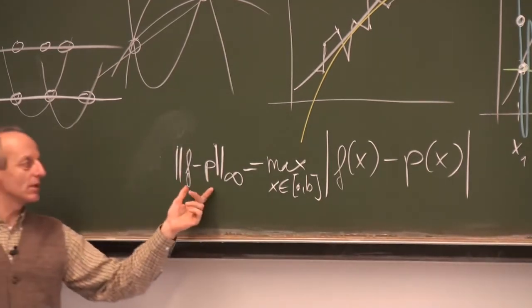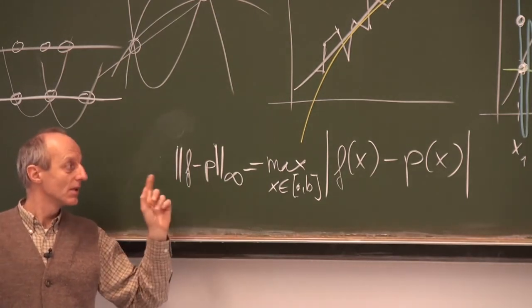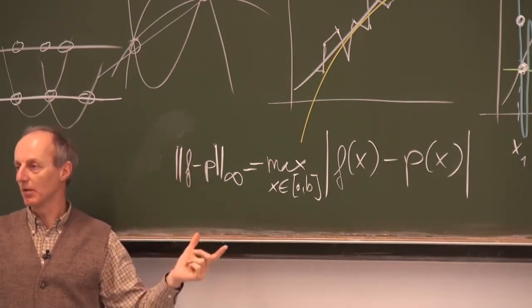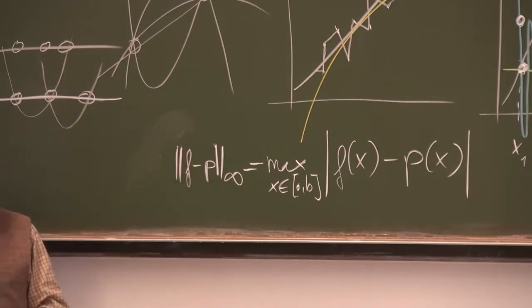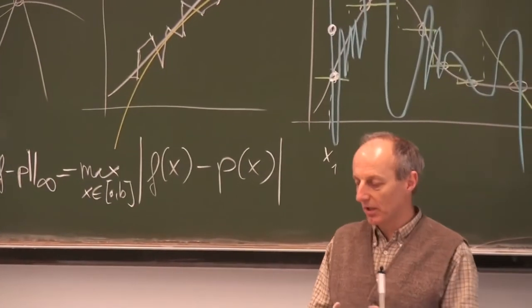And our goal is to find a polynomial such that the maximum norm of f minus p is minimal. That's our goal.